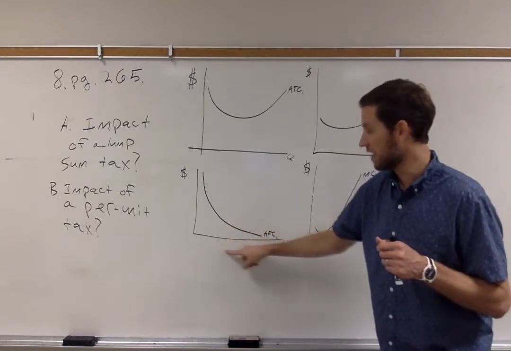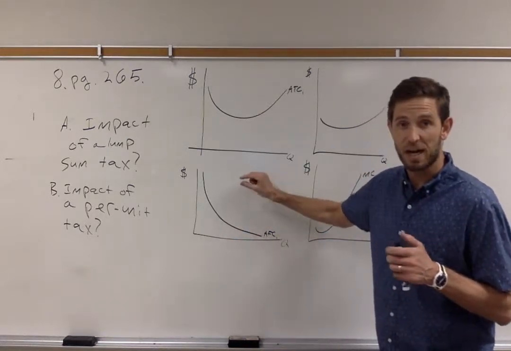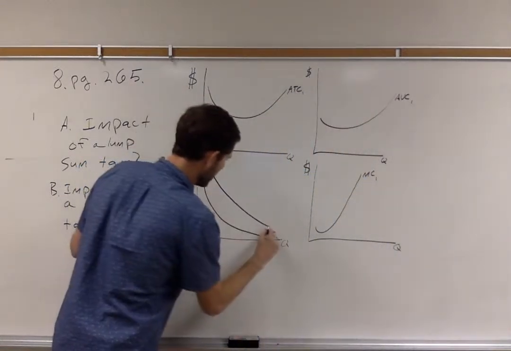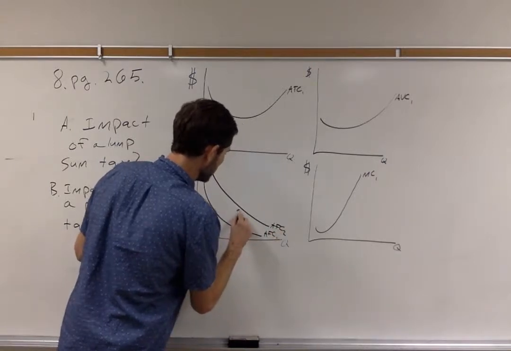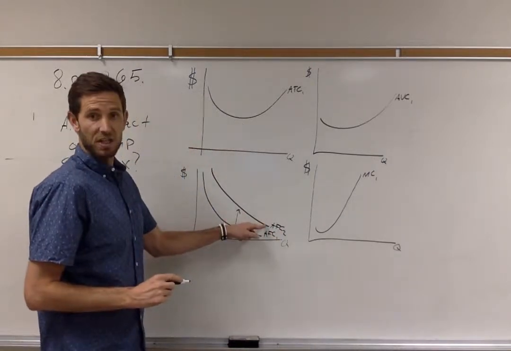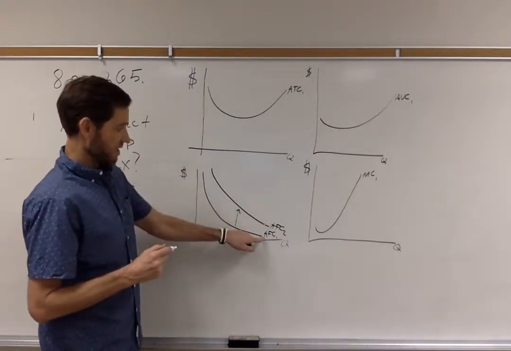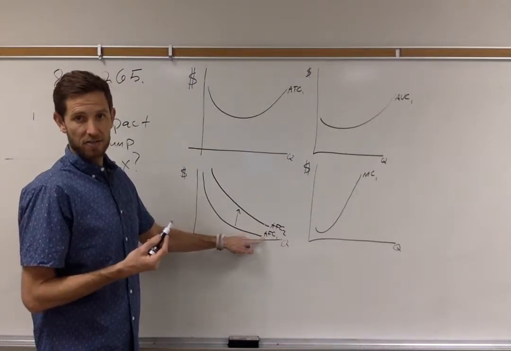And so regardless of how many burgers they're producing, their average fixed cost is going to be that much higher. So the average fixed cost should be shifting up vertically, just like so. Right? So AFC 2 is including the $300 tax. AFC 1 is what we started with, where it didn't include the tax.